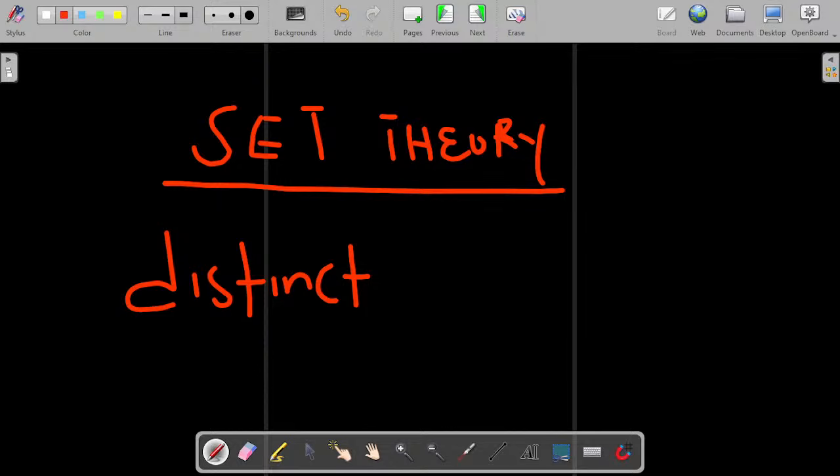So I was trying to say, what does distinct mean? When you say something is a distinct object, what does it mean? When you say something is distinct, it means it is unique, it has no repetition.